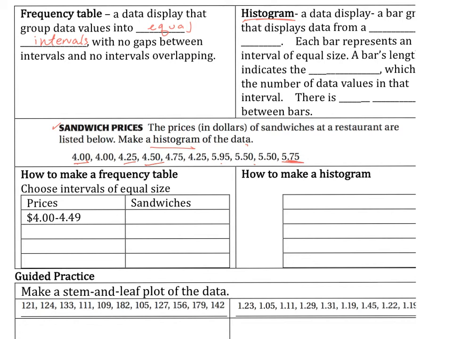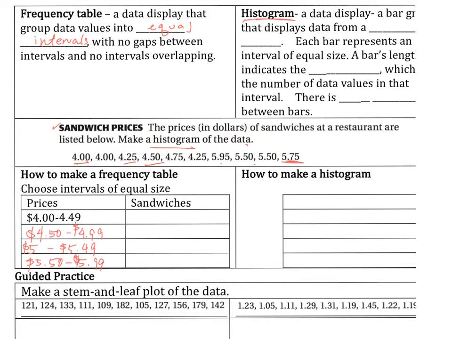Well, you could have different intervals, but I think this is a pretty reasonable one. And then my next interval will be $4.50 to $4.99. And then my next one will be obviously $5 to $5.49. And then $5.50 to $5.99. Well, these intervals will cover all the prices listed above here.